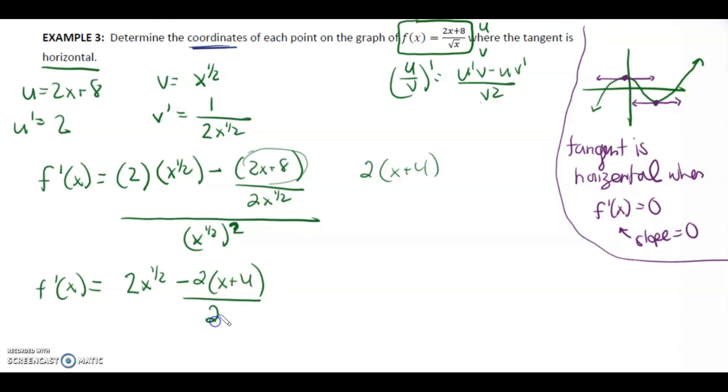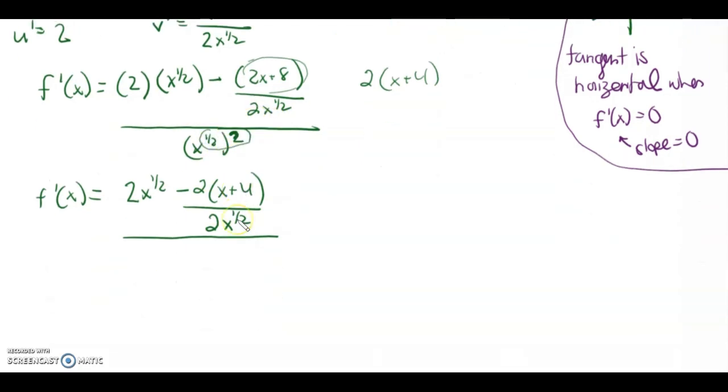I'll do this in 2 steps. 2x to the 1/2 over, and then if we multiply, because this is an exponent law, 1/2 times 2, we just get x. So at this point, I can go ahead and cancel out these 2's.